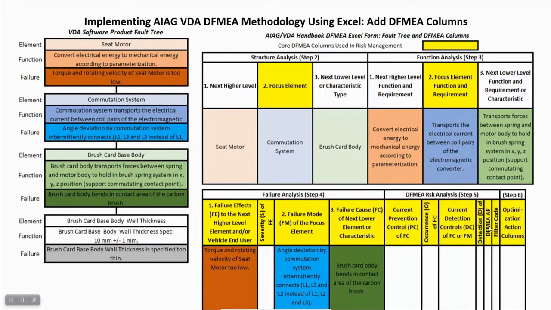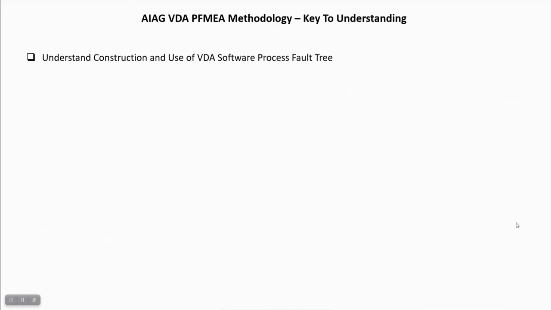So for those of you who are using Excel, and I know Ford has come out and said you have to buy FMEA software, but for those of you who haven't, this is how you translate those initial structure, function, and failure nets into a FMEA form. You move the structure net, step 2, function net, step 3, failure net, step 4, and then you fill in the rest of the columns, and this here is the recommended action area. And that is design FMEA.